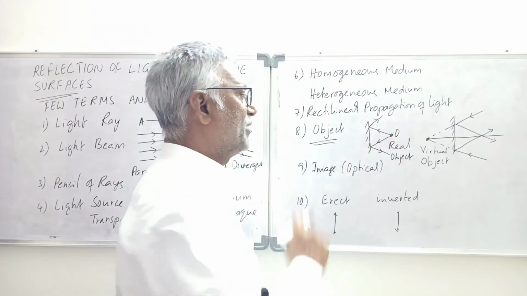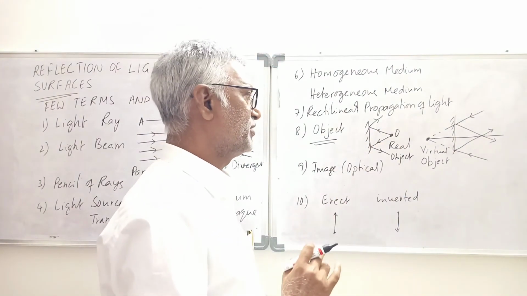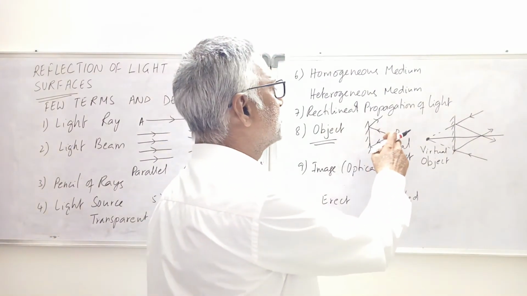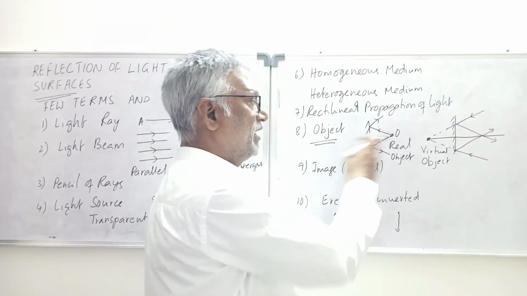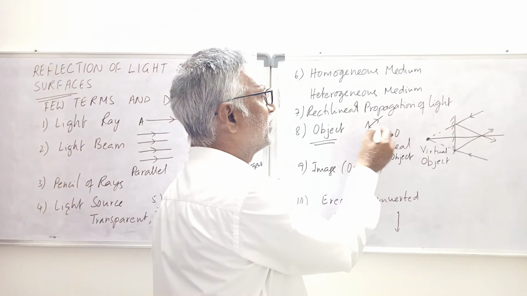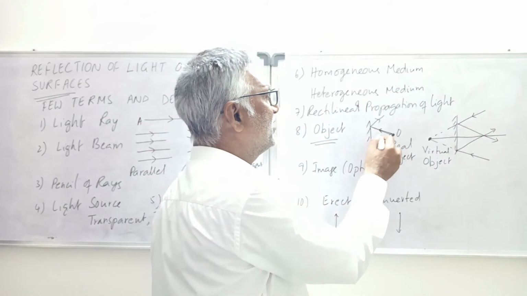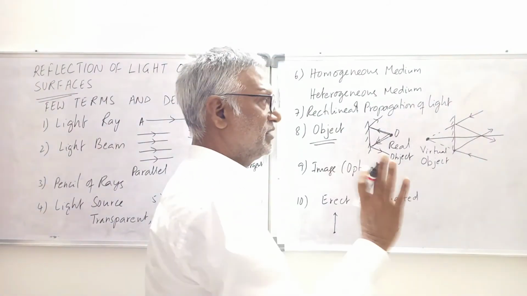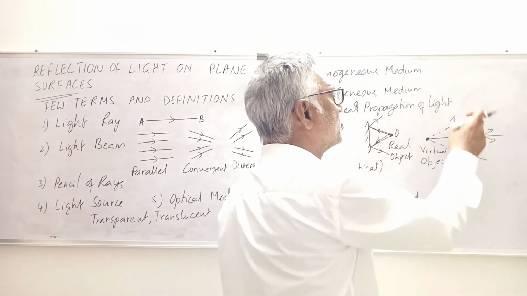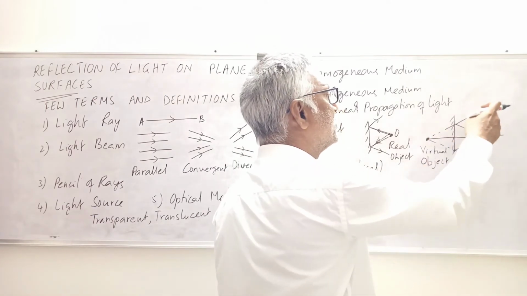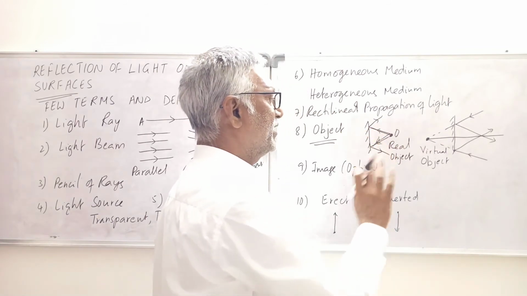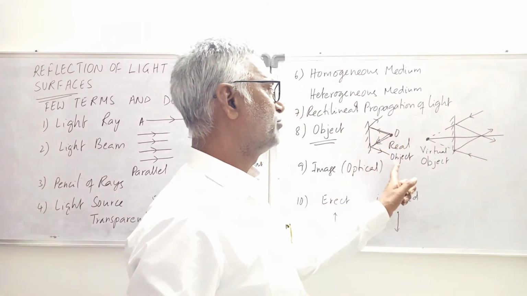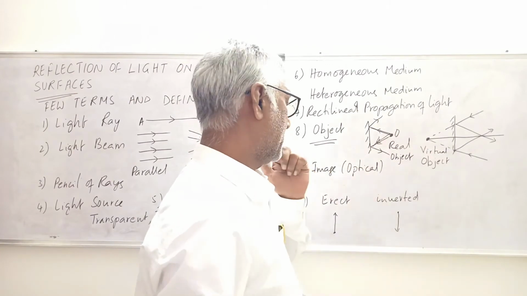Object can be of two types, real object and virtual object. The real object means the rays will be coming divergently. See, these incident rays will be traveling divergently. Here the incident rays will be convergent basically. This is incident ray, this is incident ray. So this is real object, this is virtual object.